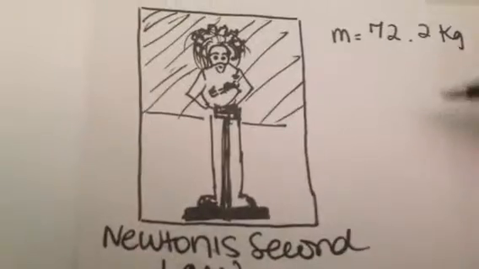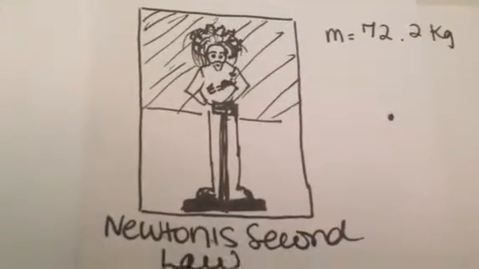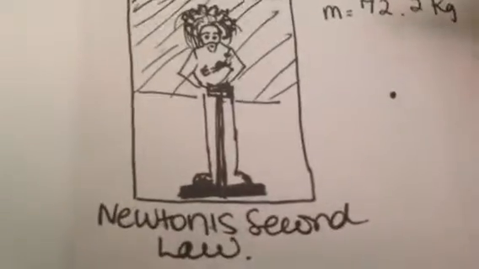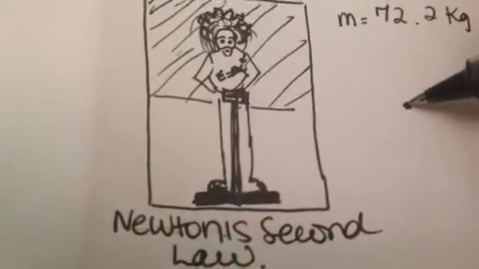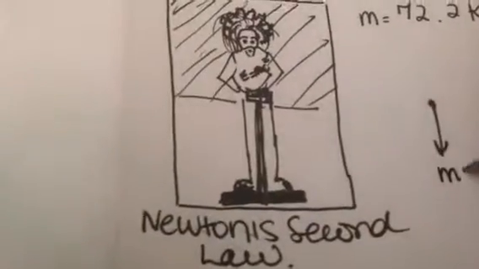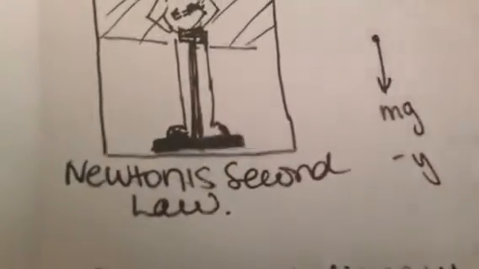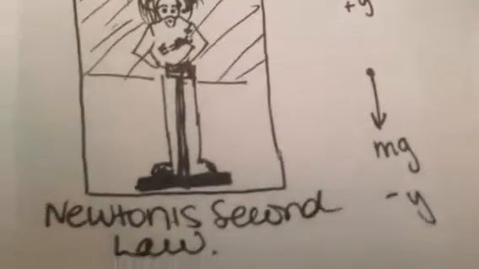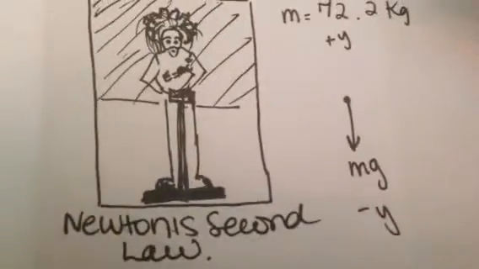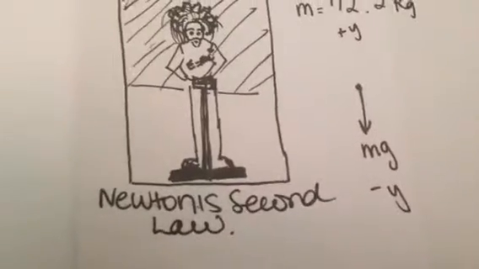So we can say that our little Albert Einstein here is the circle, and we have a negative force straight down, which is mg, and that is the negative y direction because we're calling it that, and this is the positive y direction because we're calling it that. We can decide what direction our forces are in just because we want to.